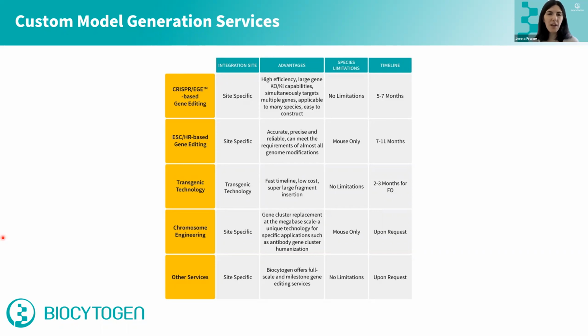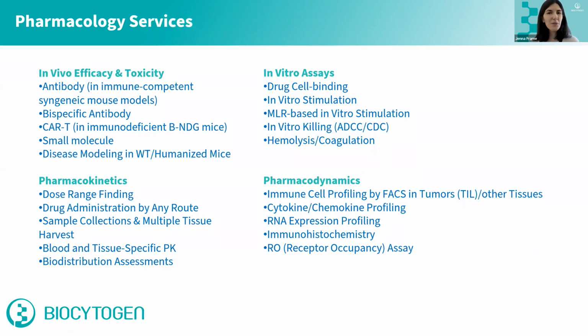And we offer some of the fastest timelines in the industry. Finally, I just want to introduce a more comprehensive list of the pharmacology services that we can provide in addition to the few that I mentioned today, including histology and in vivo analyses. We do offer several in vitro and ex vivo offerings in addition to the modeling capabilities I shared earlier.